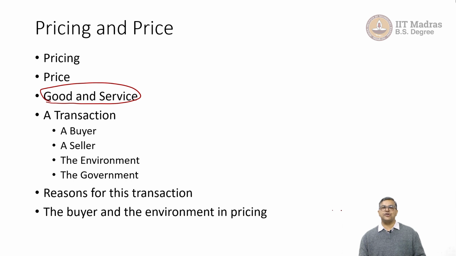That is why we cannot ignore the role of government in a transaction. Government has another role also, that many of the goods and services cannot be provided by private parties. We will look at them in the later part. We will see that something called public goods can only be provided by the government. So, we will talk about them also. So, government is quite important.